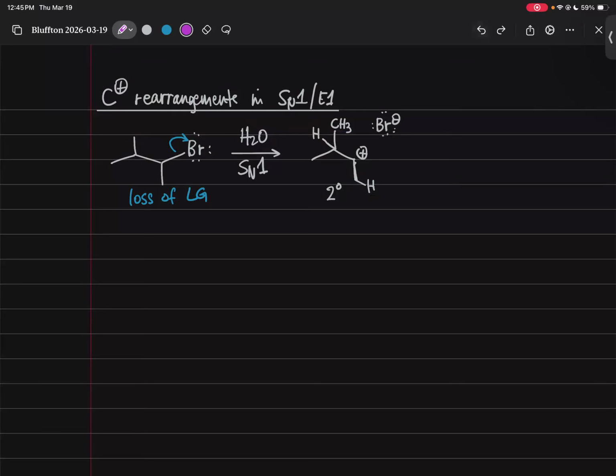But if we move this hydrogen toward the carbocation, that's our hydrogen that's migrated.